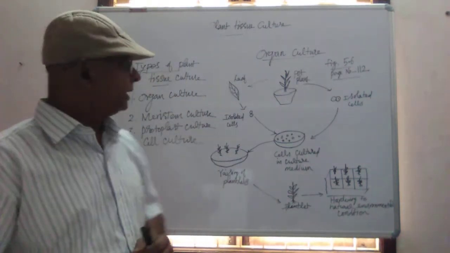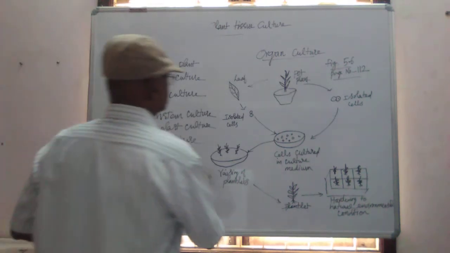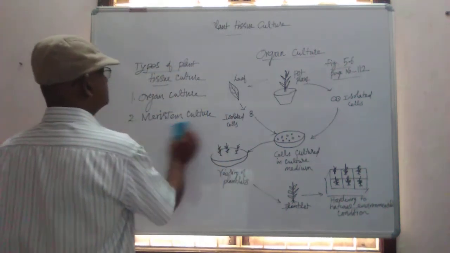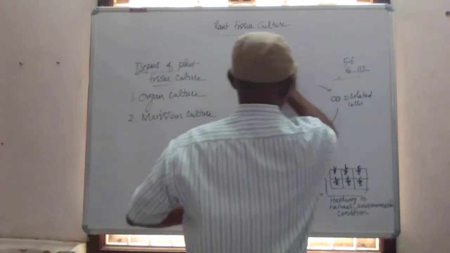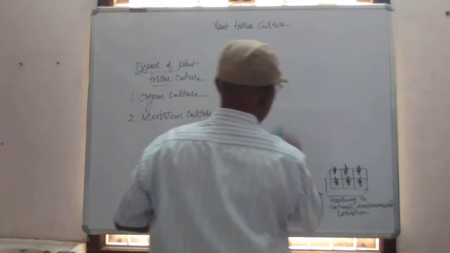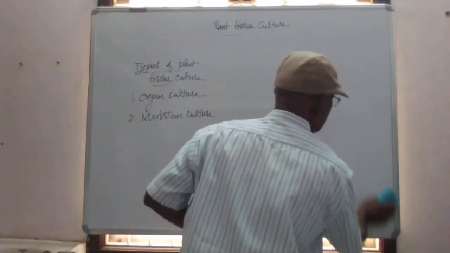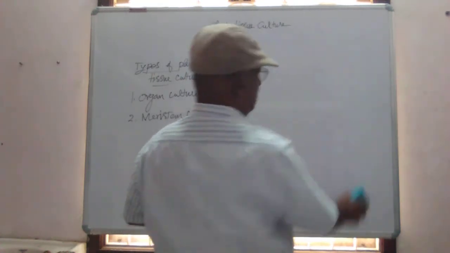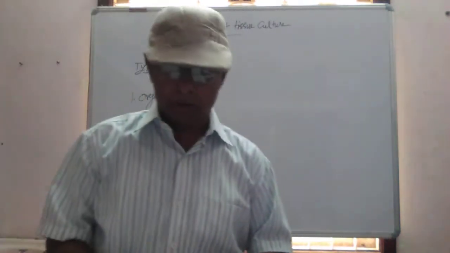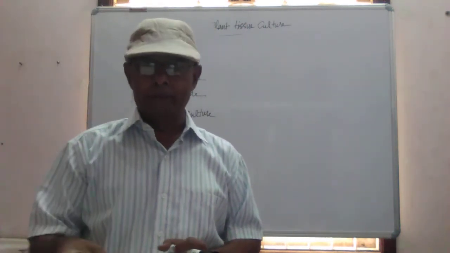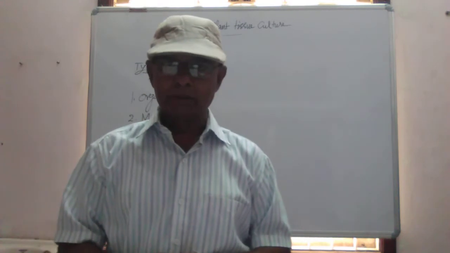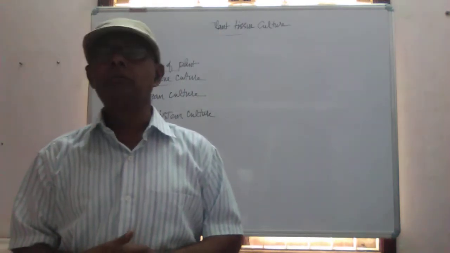The second one is the meristem culture. What is meristem culture? Meristems are tissues; a group of meristematic cells is the meristem.